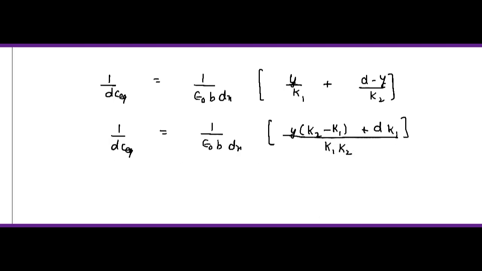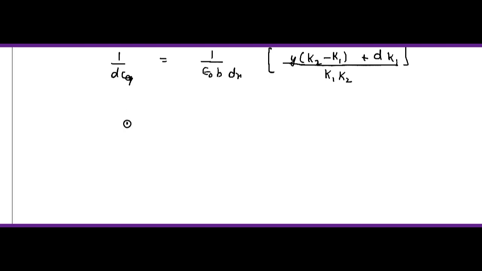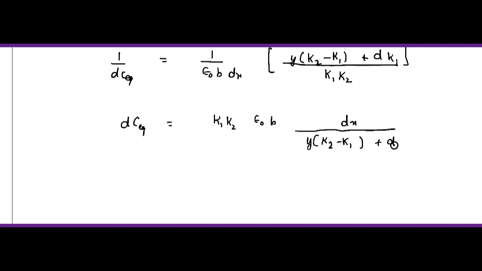Now we can take the reciprocal, so dC equivalent equals k1 k2 epsilon b dx divided by this term: y times k2 minus k1 plus d k1.